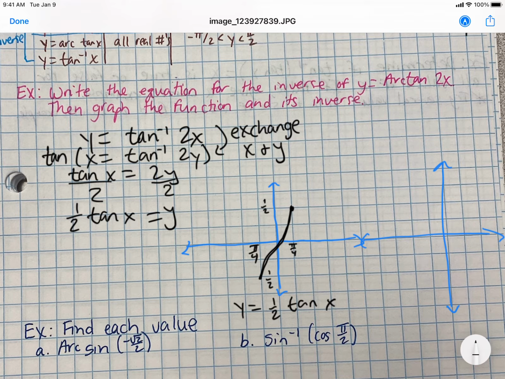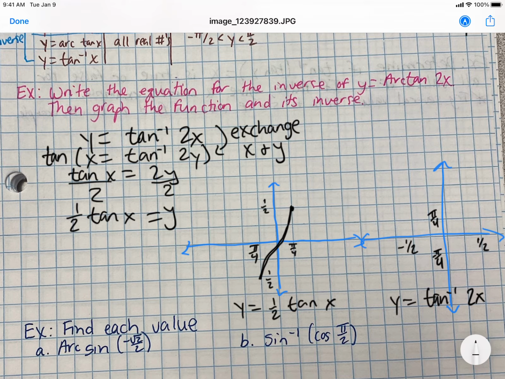If we are going to solve then for the arctan of it, we are pretty much going to take this graph and flip it on its side. So we are going to go negative 1/2 to 1/2, and we are going to do pi over 4 to negative pi over 4.